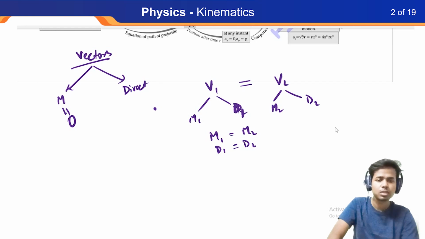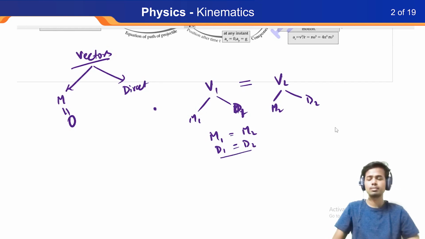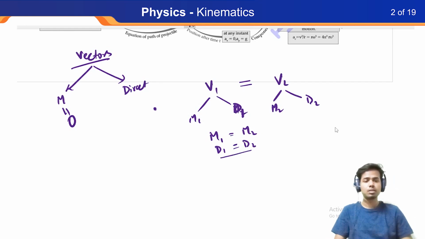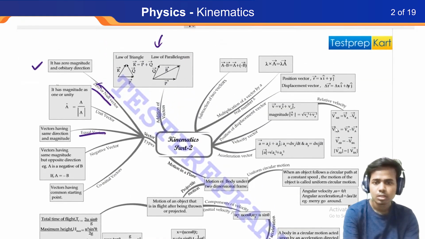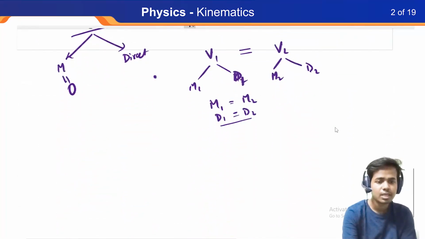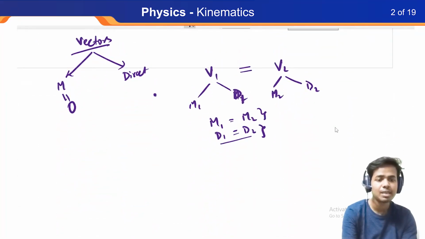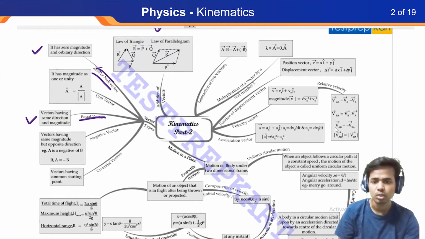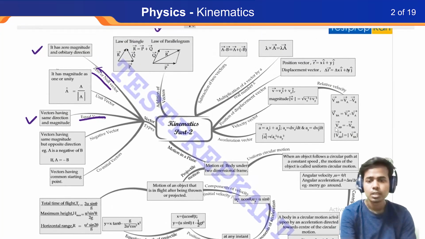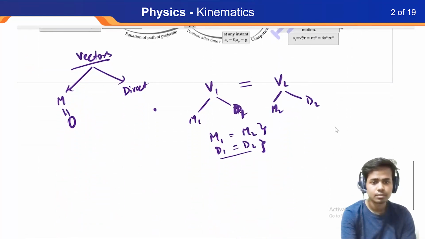Of course, equality is not an actual thing in directions. We just have to say that it is in the same direction. So those types of vectors having the same magnitude and same direction will be called equal vectors.